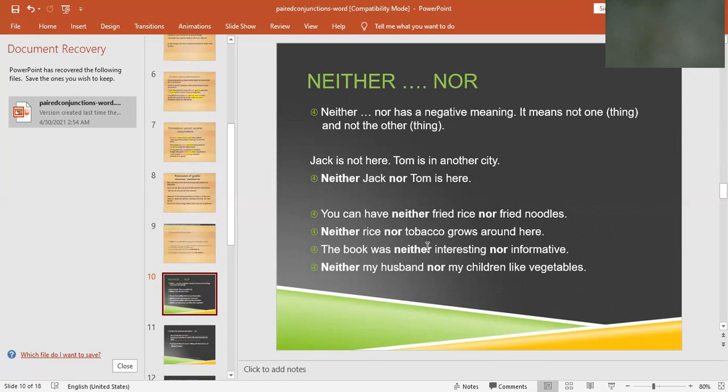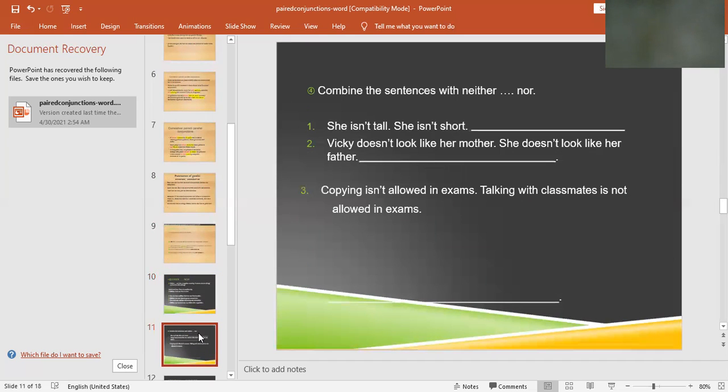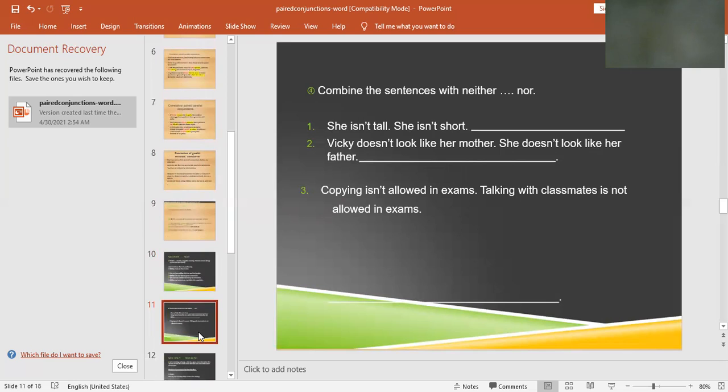Neither rice nor tobacco grows around here. The book was neither interesting nor informative. Neither my husband nor my children like vegetables. Here is an exercise you can do about neither nor.